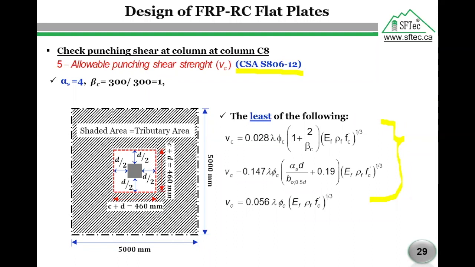Beta C. Beta C is the ratio between the longer side of the column to the shorter side of the column. EF is the elastic modulus of the FRP bar. Let us say we are using a GFRP bar with 65 GPa. Rho equals 1% from the design. Lambda is a factor that depends on the concrete strength.